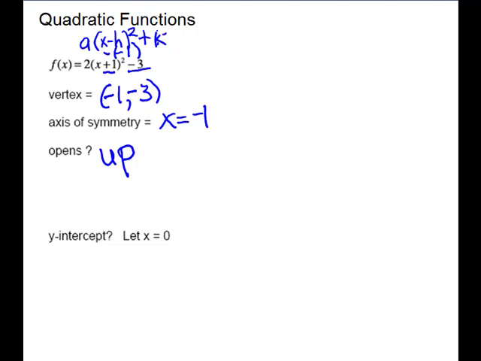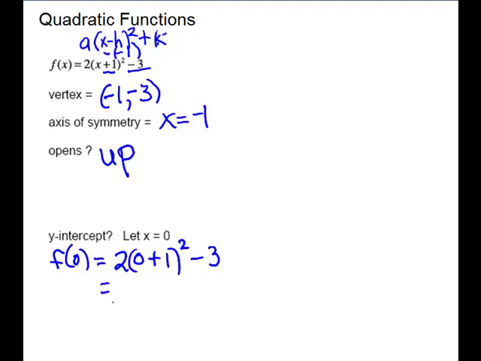And if we want the y-intercept, we let x be 0. So this will just be a calculation.